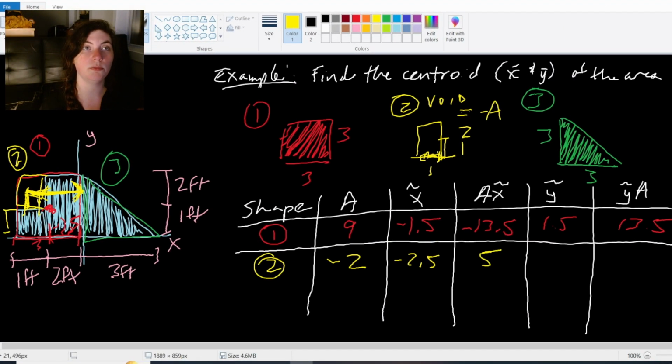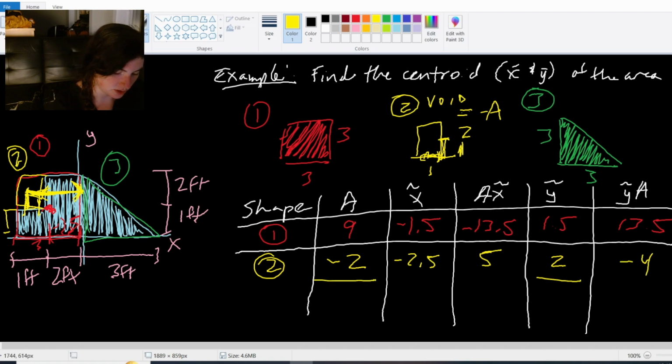So it'll be 1 plus this 1 to the centroid. 1 to get up to where we are, 1 to get, once we're in the shape, to the centroid, which is 2. 1 plus 1 is 2. And then multiplying across, our a times y tilde is negative 2 times 2, which is negative 4.